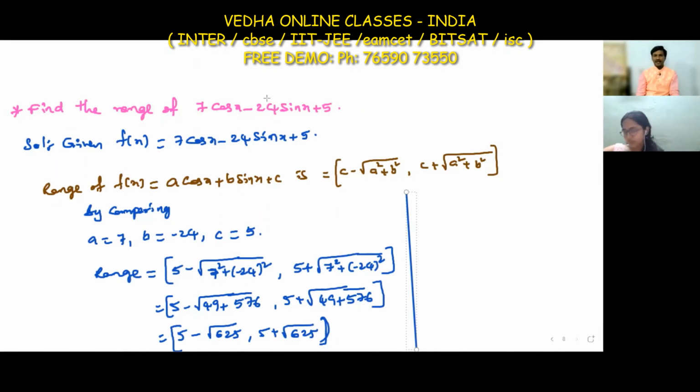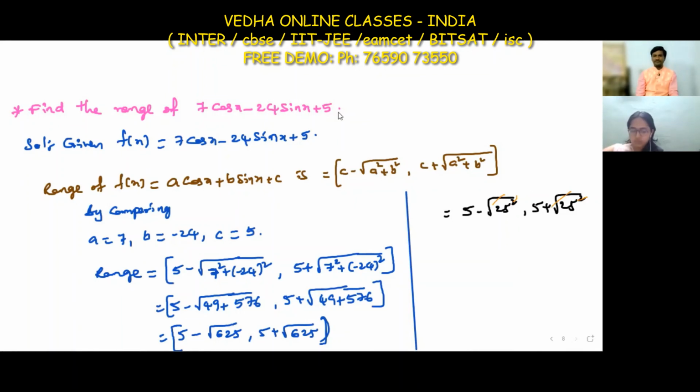We can write it as 5 minus root of 25 square and 5 plus root of 25 square. Cancel the square and root, so we get 25. So the value is 5 minus 25, 5 plus 25.